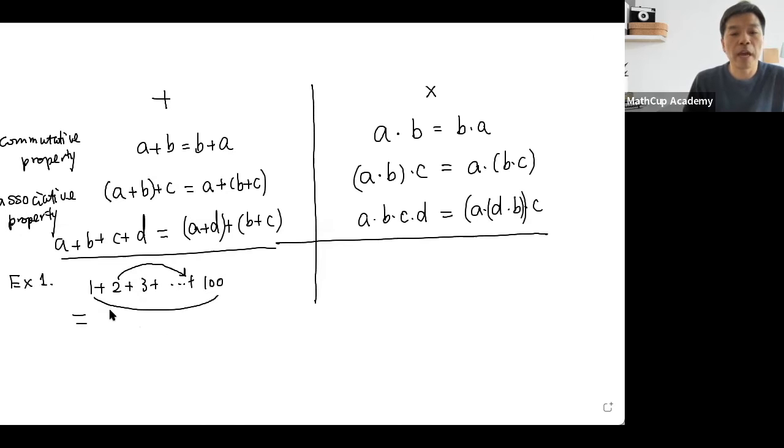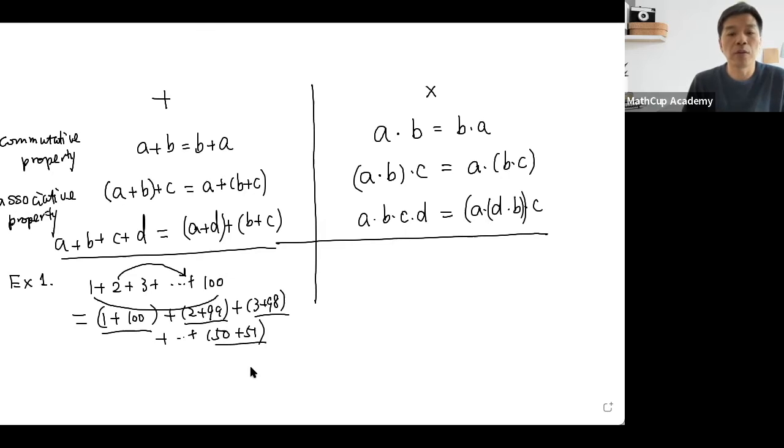This way we can have those partial sums being the same number: 1 plus 100 plus 2 plus 99 plus 3 plus 98 plus all the way to 50 plus 51. The beauty of this is every little sum here is the same number, 101.